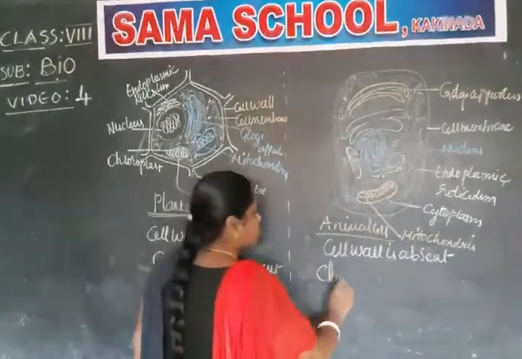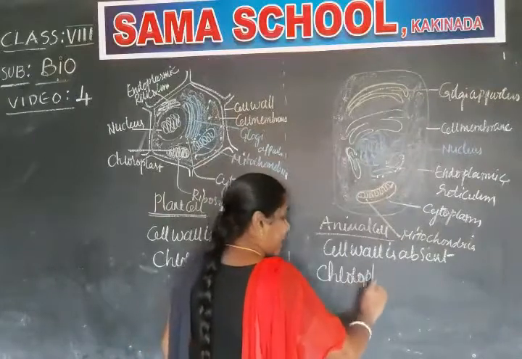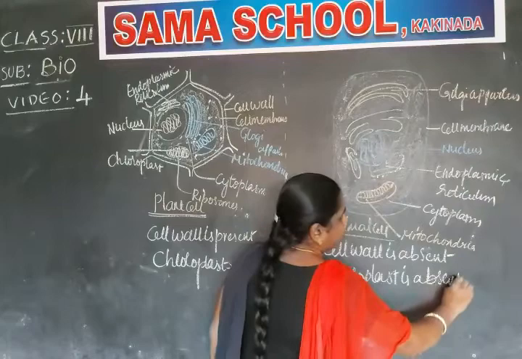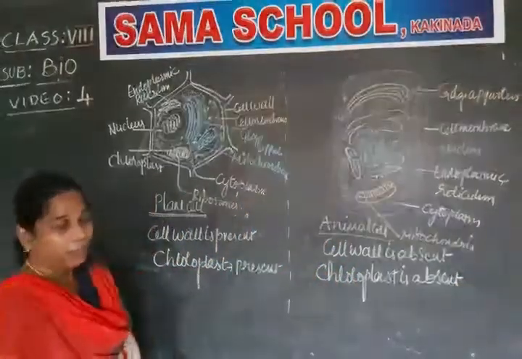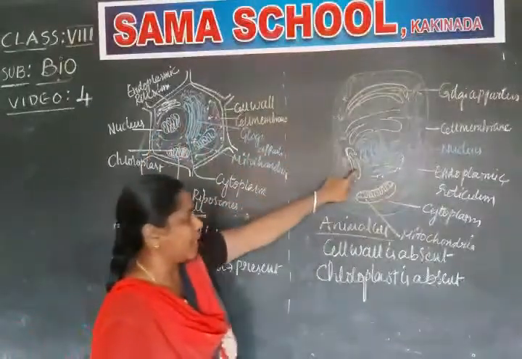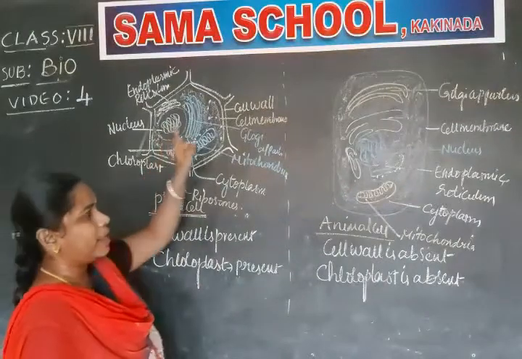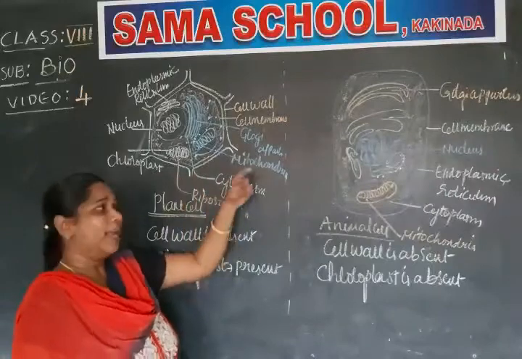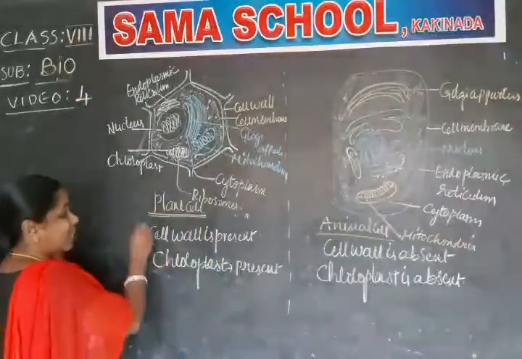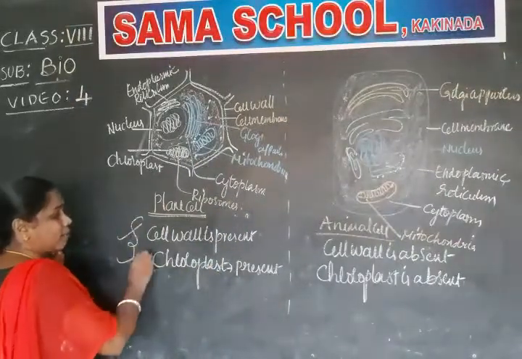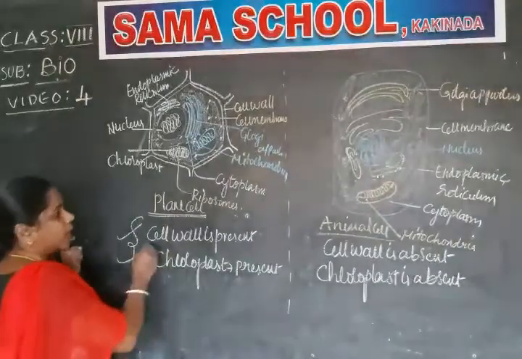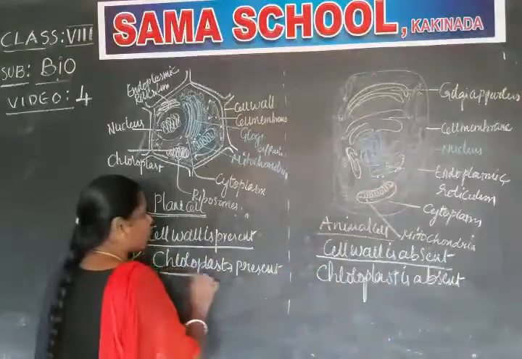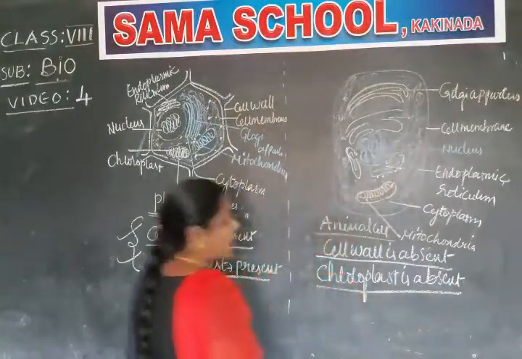Chloroplast is absent. Why? Because the major difference is chloroplast is absent. Here remaining all, if you see, nucleus is there, mitochondria is there, Golgi apparatus, endoplasmic reticulum, all they are present in plant cell and animal cell. But these are two major differences where we are finding. The cell wall is present, cell wall is absent. Chloroplast is present, chloroplast is absent.